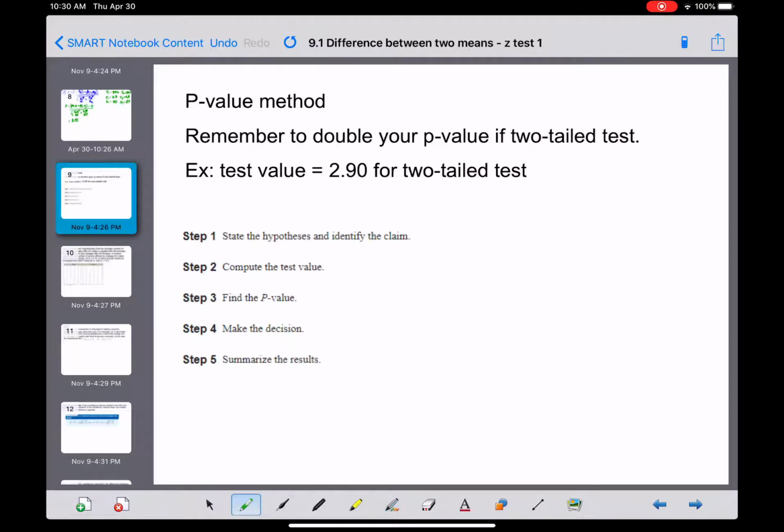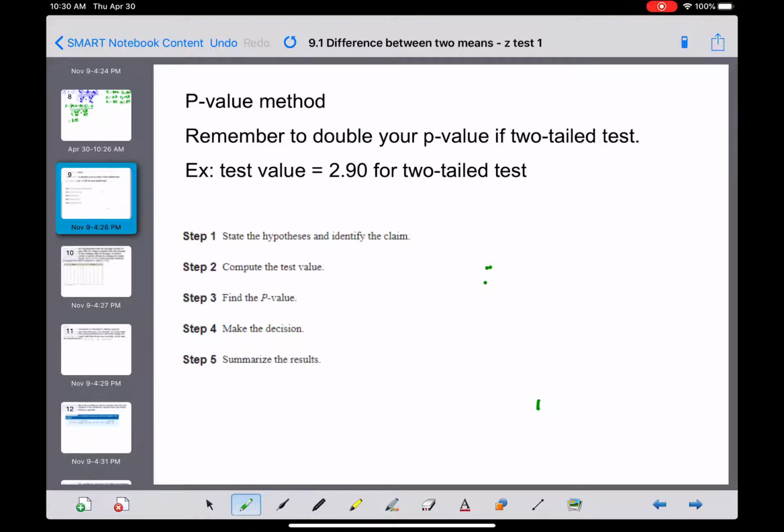The second one is using the p-value method. Remember that when you're doing a p-value method for a two-tailed test, you have to double your p-value. If my test statistic is 2.90, we look that up in the z table. You're going to get a big number, but remember we have to take 1 minus that number to get our p-value because it's only in the tail.